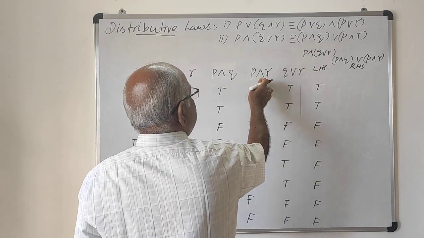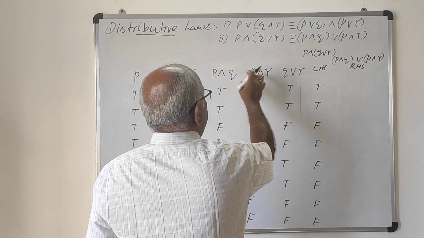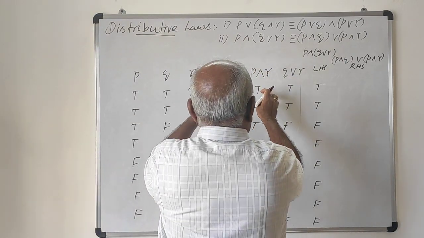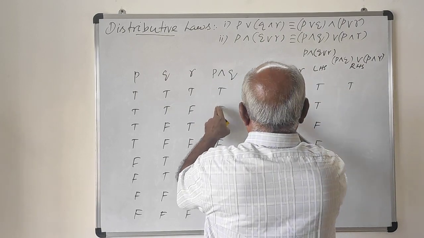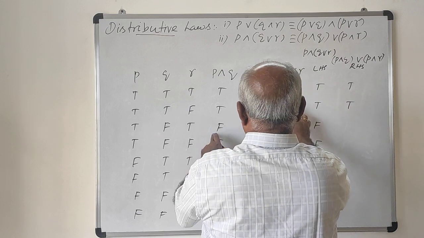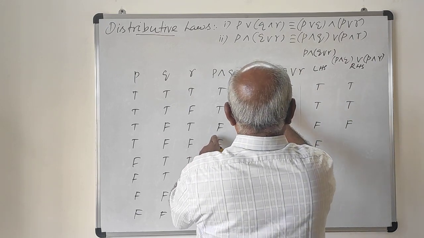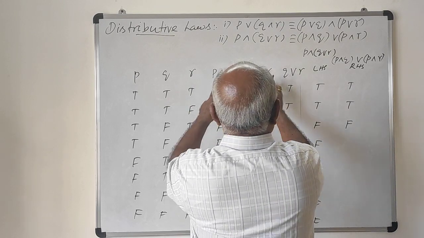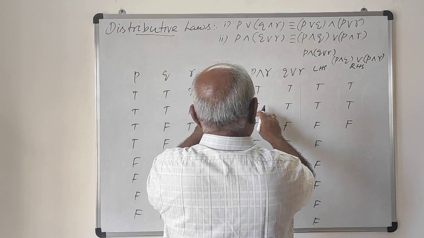We have to take disjunction for these two columns. For disjunction, both are T, T. One T is T. Both are F, F. One T, one F is also T because it is disjunction.